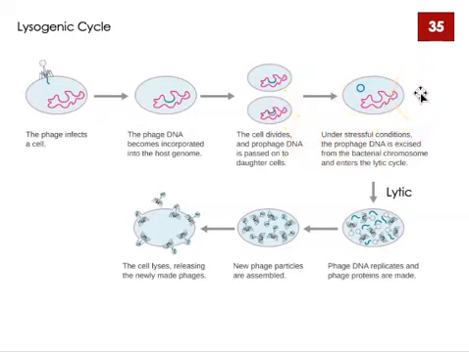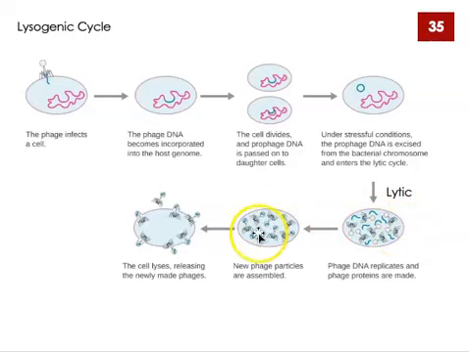And when that happens, the viral DNA can come back out of the host cell DNA. And when it does that, we're going to go right into the lytic cycle. That exiting is going to cause the bacterial DNA to break into pieces. It's going to get used to build proteins along with the viral DNA.